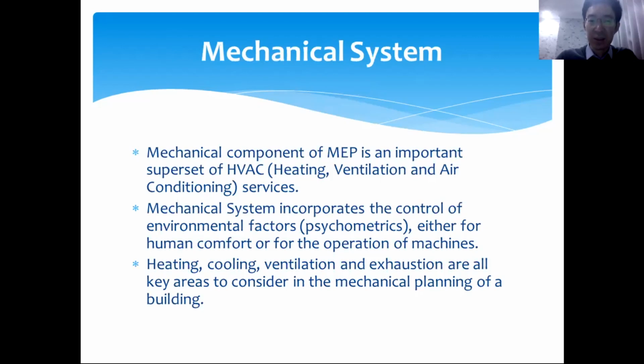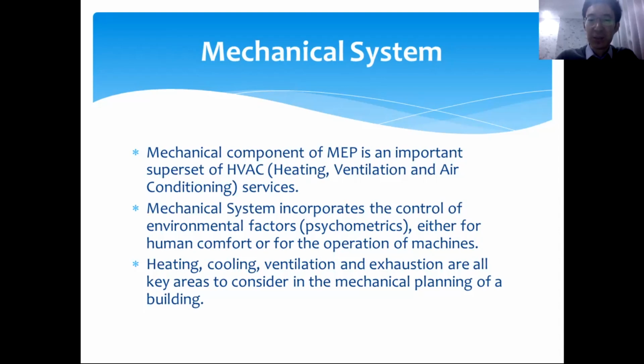So mechanical systems in the organization or in the building, usually it is about heating, again, ventilation and air conditioning. So a mechanical system incorporates the control of environmental factors that are psychrometrics, either for humans or for the operation of machines. What does it mean?